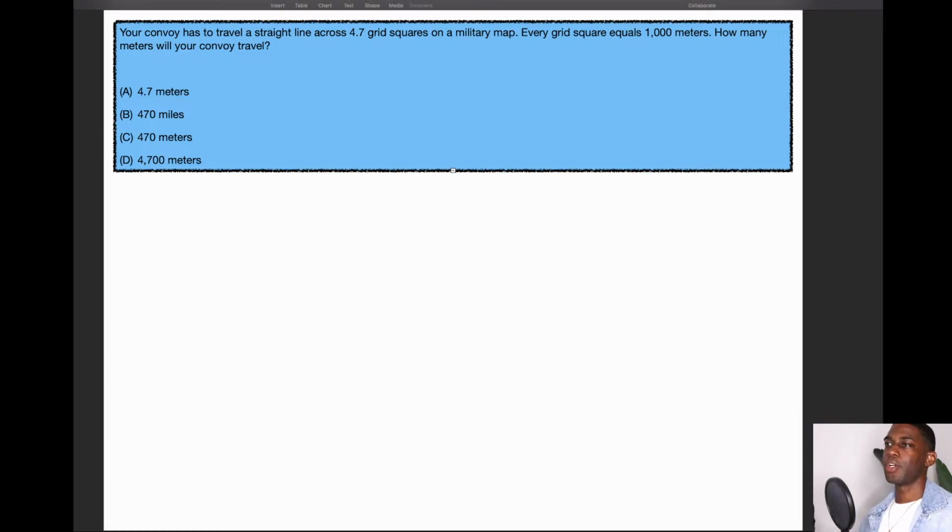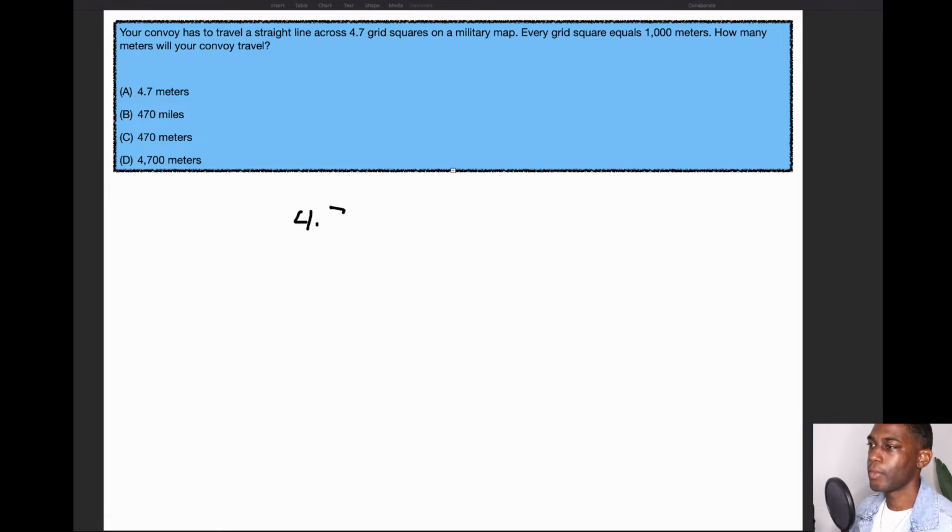So your convoy has to travel a straight line across 4.7 grid squares. So how many grid squares does this convoy need to go? Another thing, if you don't quite understand the question, me personally, I like to substitute words. If I don't know what a convoy is, because I'm not in the military, I would just substitute it and say a car. A car has to travel a straight line across 4.7 grid squares. So how far is the car going?